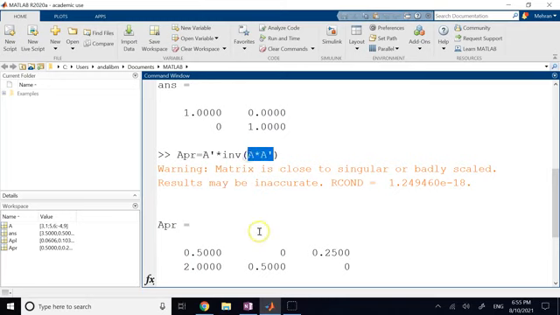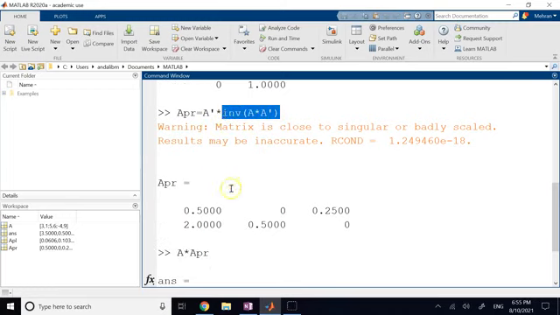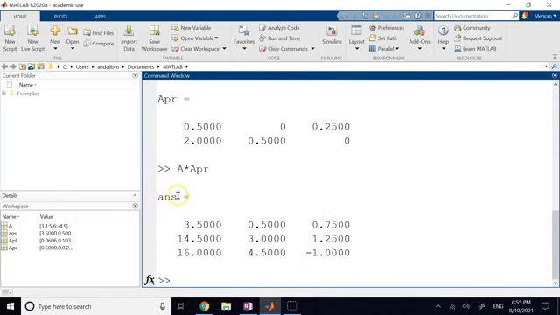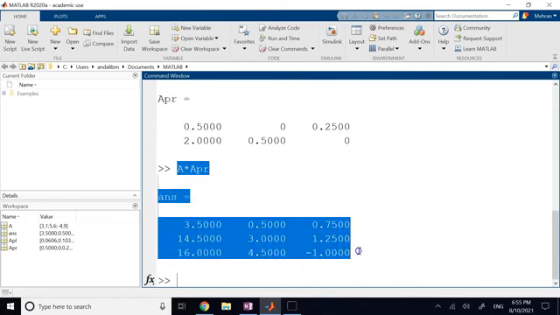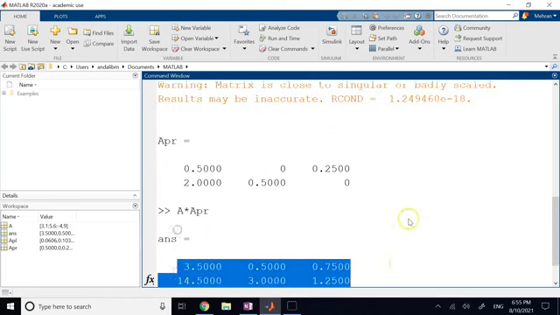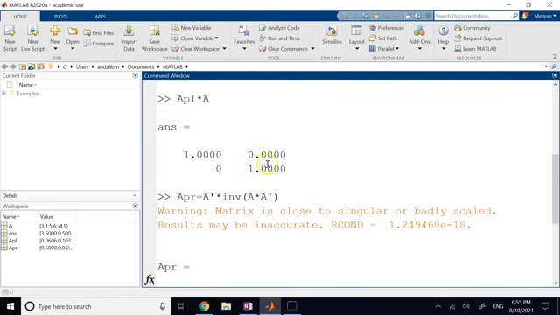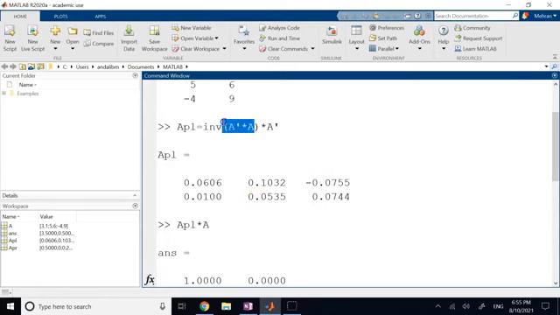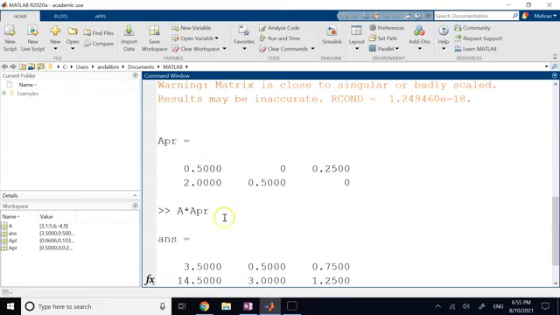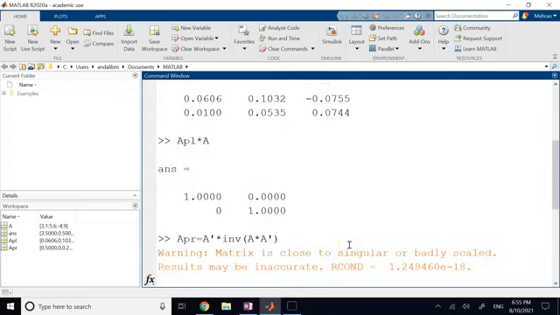That this matrix is what? Close to singular. So when you invert it, don't expect nice things to come out. And when you multiply A by a right pseudo-inverse, do not expect that identity. So anytime you are trying to calculate left or right, if you see this warning that the matrix you are trying to invert is close to singular, which means a very, very small determinant close to 0, then do not expect when you multiply from left or right to get an identity, okay?